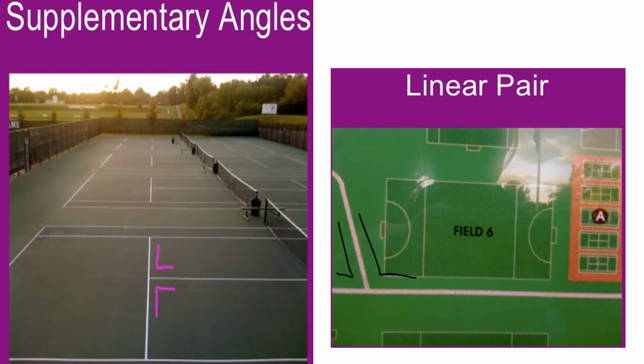Etc. So we already know supplementary angles and linear pairs. It's the same thing. It's anytime, so here's one, and here's one. Those are both 90 degrees, and they make a line. Linear pair, or supplementary.